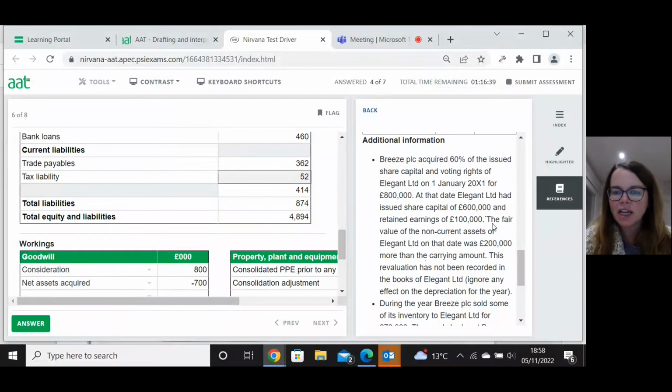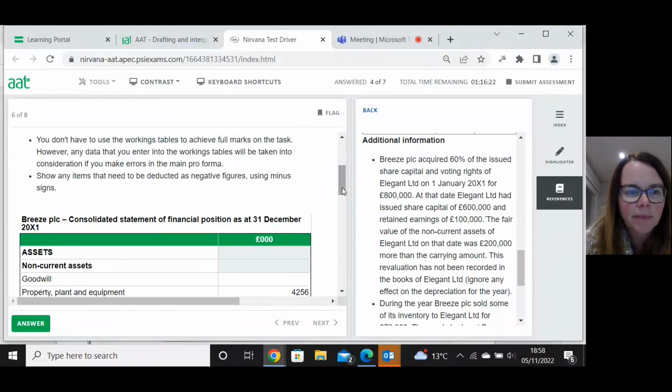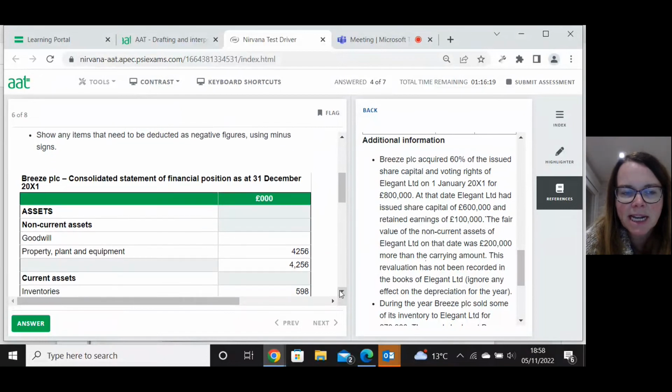The fair value of the non-current assets on that date was 200 more than the carrying amount. Right, so we now need to deal with this 200,000. So what that means is that the PPE, property, plant and equipment, is actually 200 bigger than I've got in there at the moment.